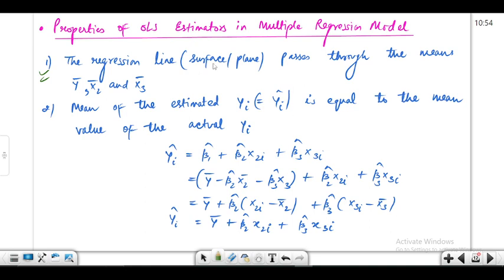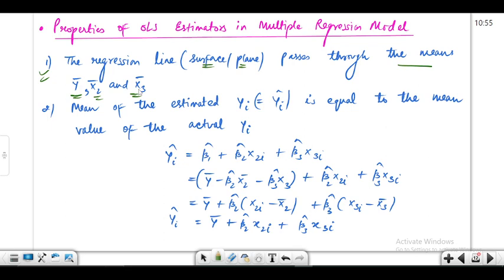In the case of the multiple regression model, it will be a surface or a plane, there won't be a line, that passes through the means: y bar, x2 bar, x3 bar. Try to understand this topic in comparison with the properties of your simple linear regression model estimators. Things will be more clear for you now, because everything is based upon your prior understanding, and you'll have a better understanding if you remember the previous videos.